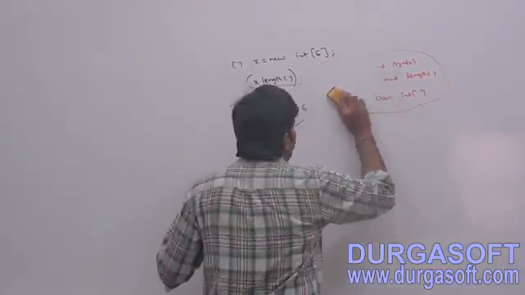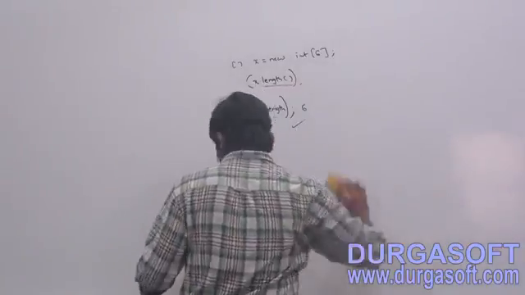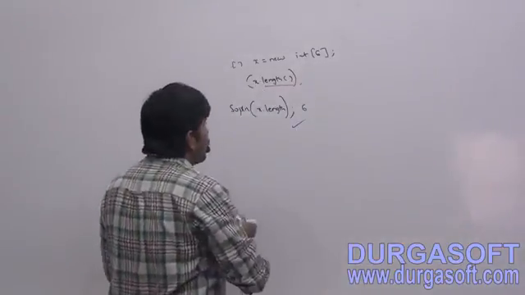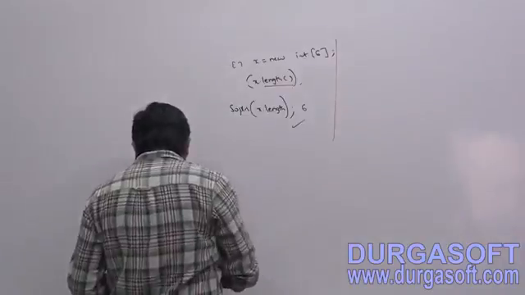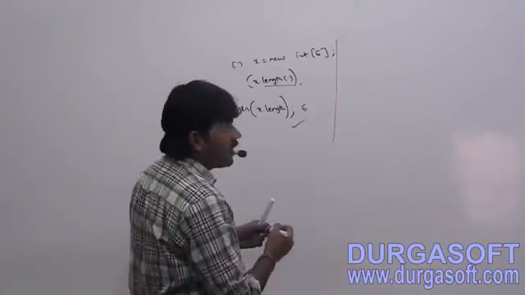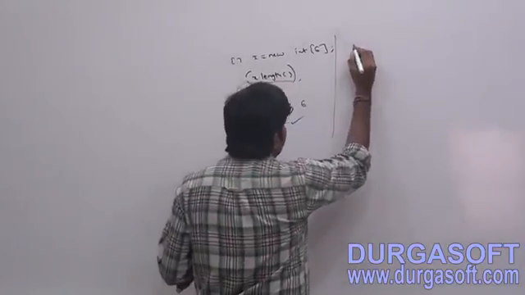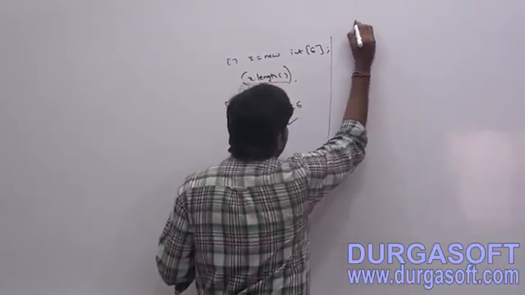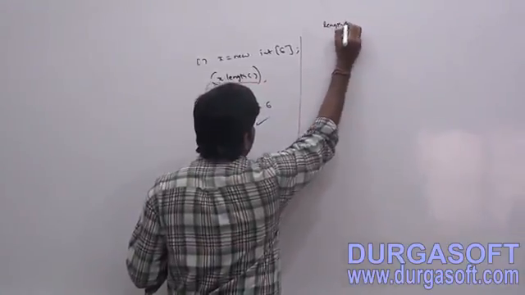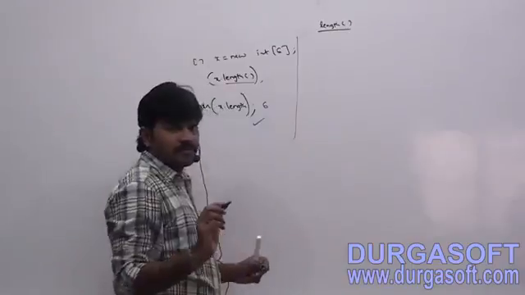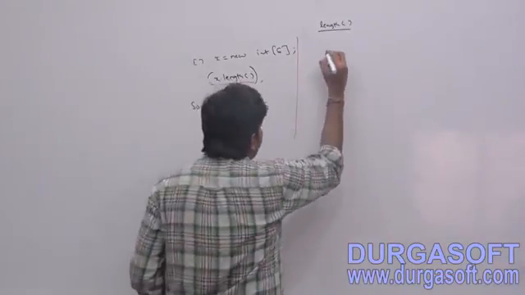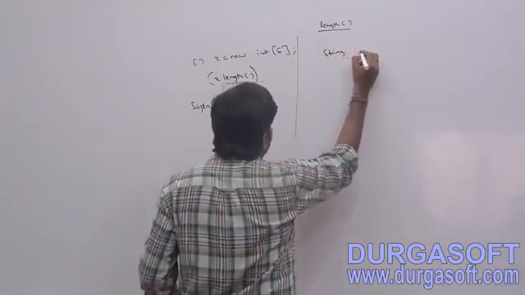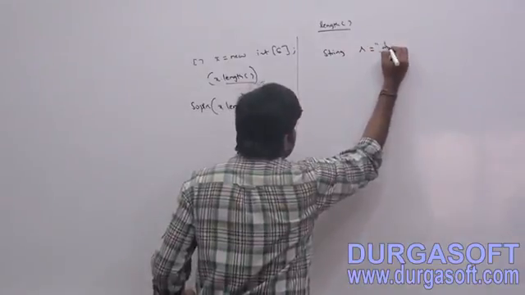Now let us learn this example well. Sir, here I am taking a string, where I have to talk about the length method. Observe: String s is equal to Durga.